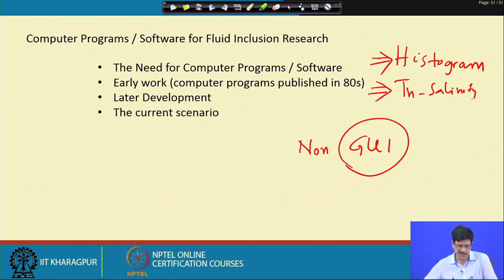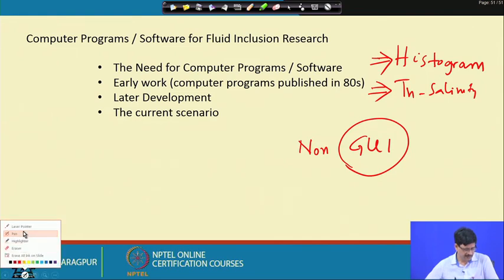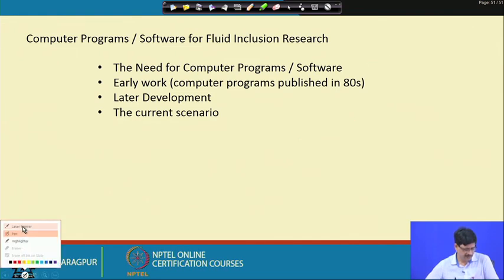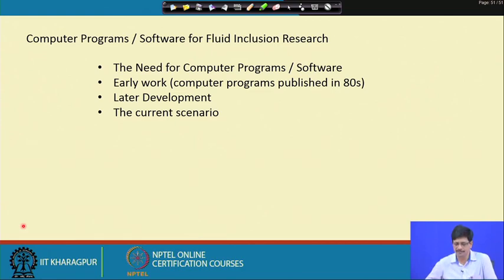So, it was always necessary that a graphical user interface based program be developed, and with Microsoft Windows coming in as the main operating system for desktop computers, personal computers, it became easy, and it also gave people the scope for development of graphical user interface based programs.